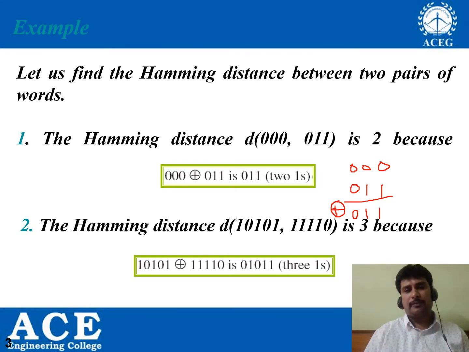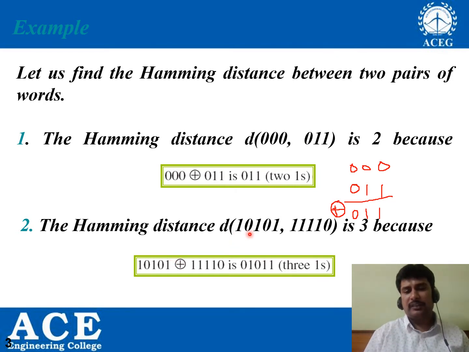So we have a total of two ones in the resulting modulo 2 addition of the two data words. That is the reason why the Hamming distance here is 2.